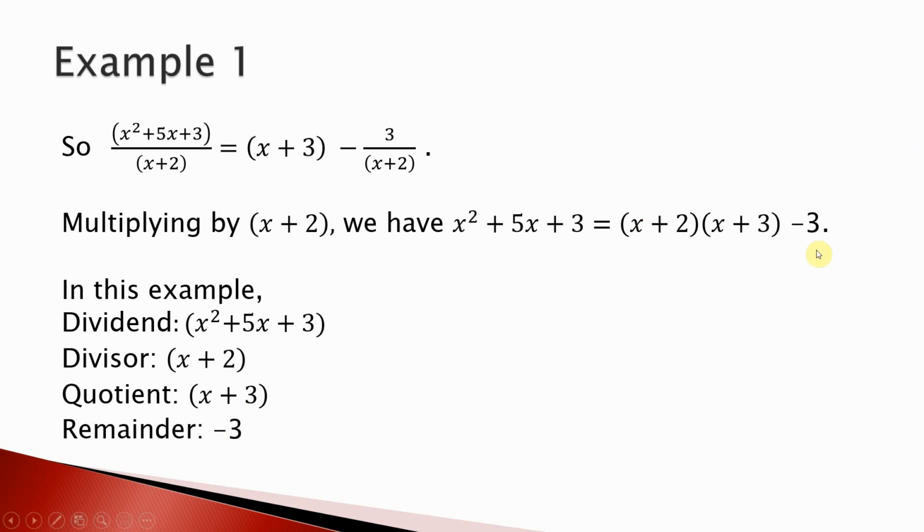So if this is a quadratic divisor, then the remainder can be a linear function. The remainder can have an x term. It can be something like 3x plus 1 or something like that.